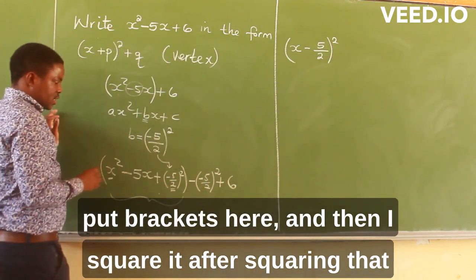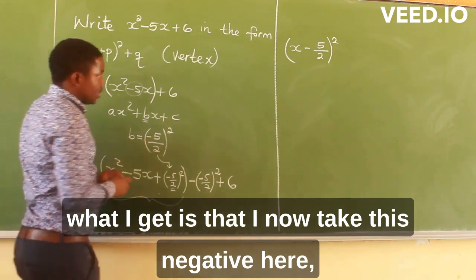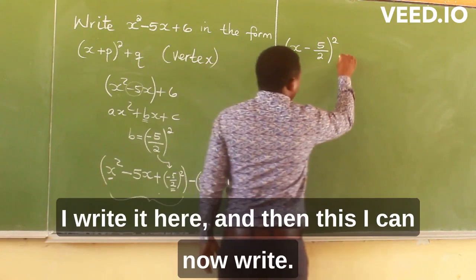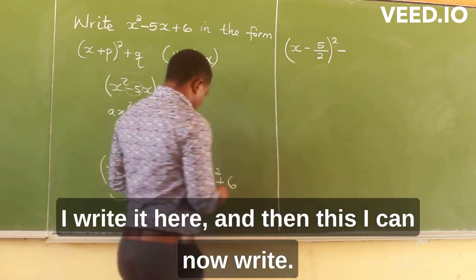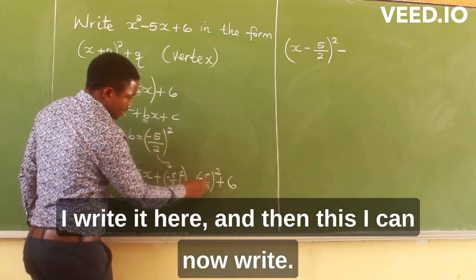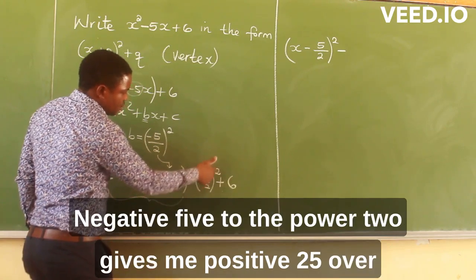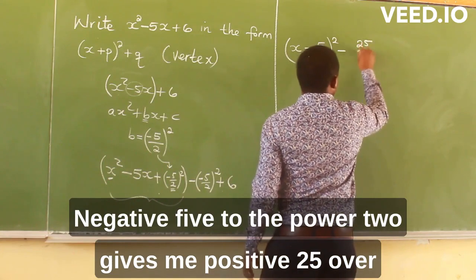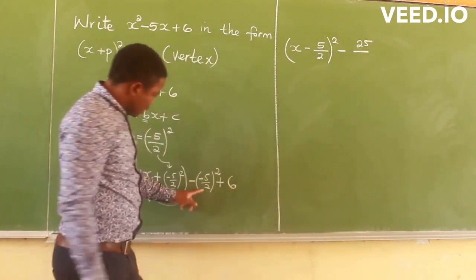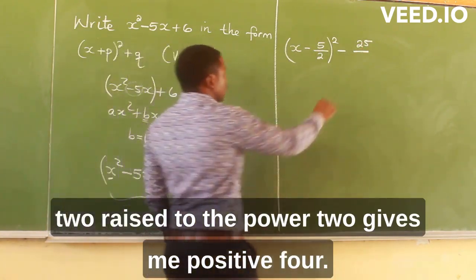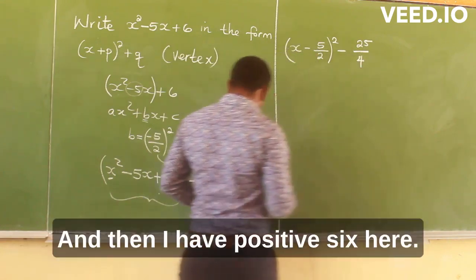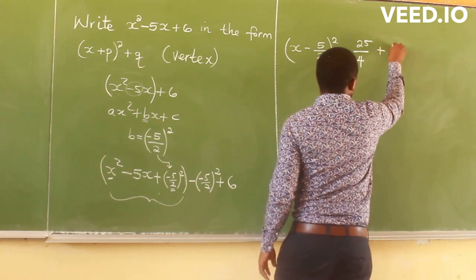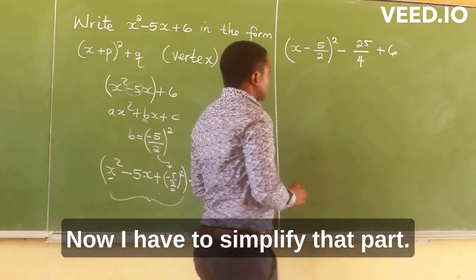After squaring that, I take this negative here and write it here, and then -5 to the power 2 gives me positive 25 over 2 to the power 2, which gives me positive 4, and then I have positive 6 here. Now I have to simplify that part.